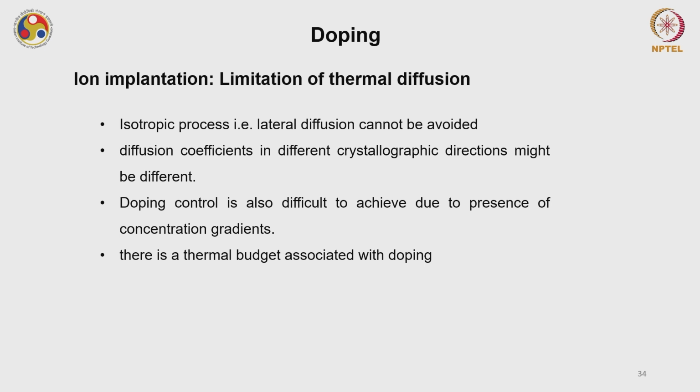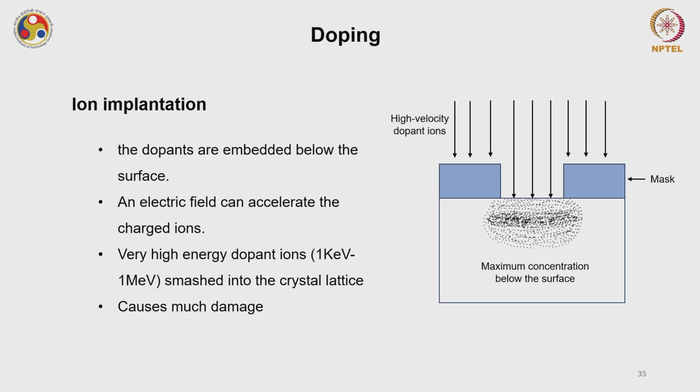Doping control is also difficult to achieve due to the presence of a concentration gradient across the surface and the bulk. And there is a thermal budget associated with the doping. So ion implantation has emerged as one of the advanced techniques in doping, and you can have very precise control of doping.